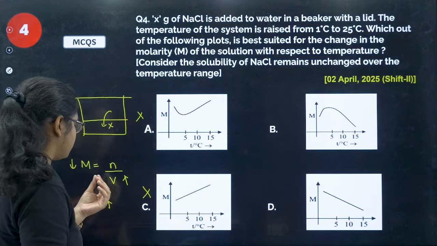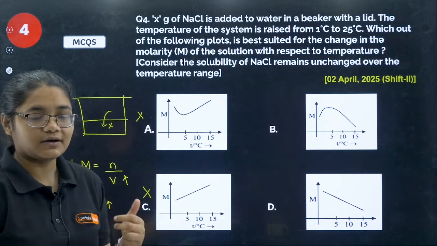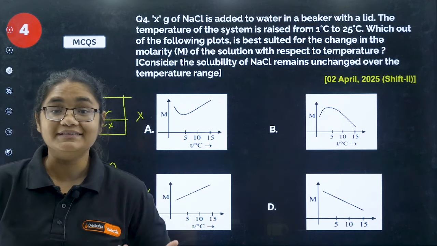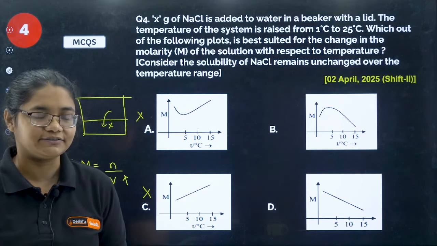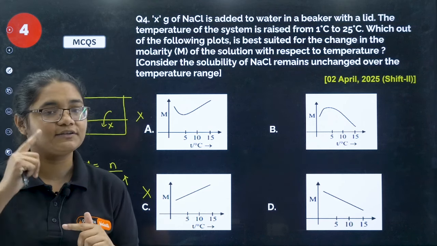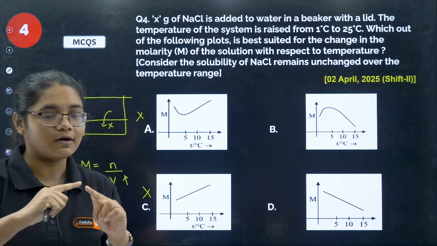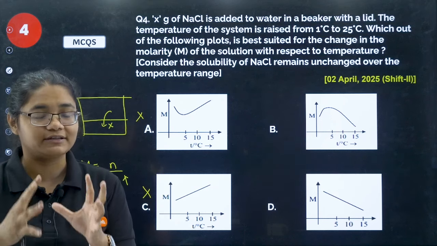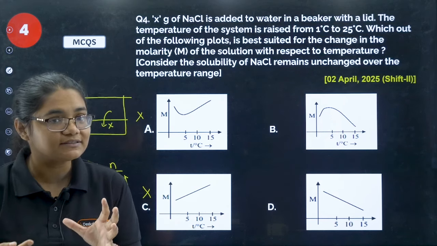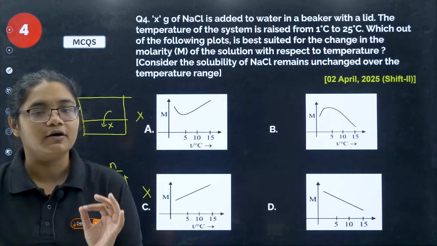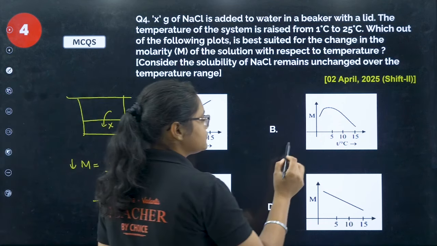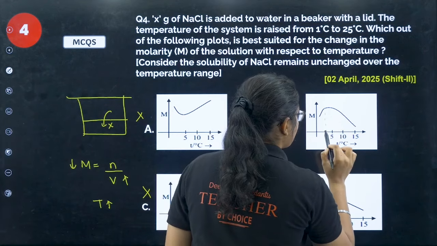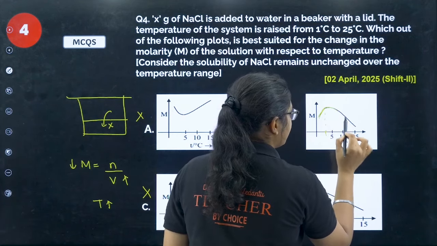If you remember, the density of water is maximum at 4 degrees Celsius, right? So up to 4 degrees Celsius the molarity will increase, but after that, when you increase the temperature, the molarity curve will decrease. So first, up to 4 degrees there will be a slight increase and then it will decrease.